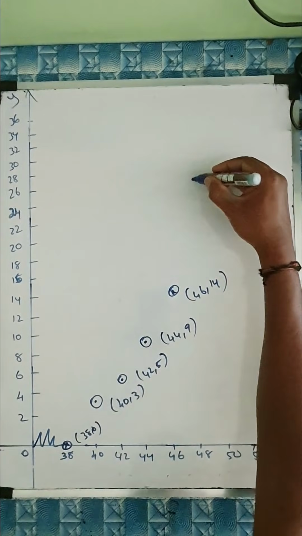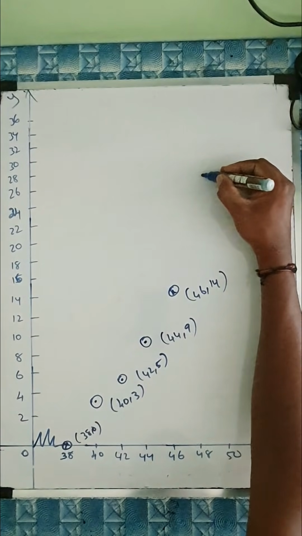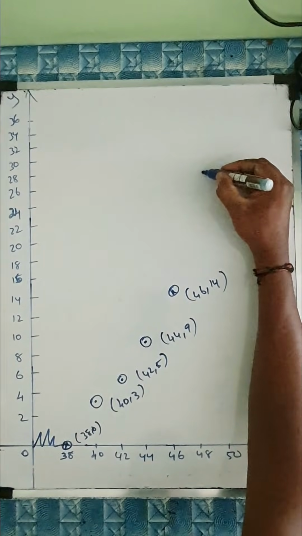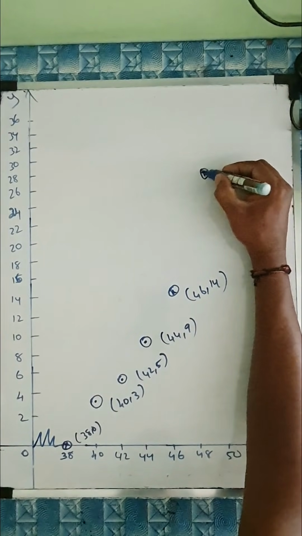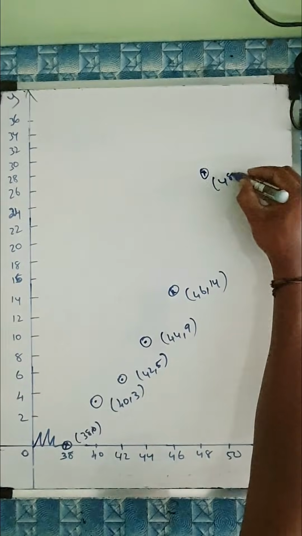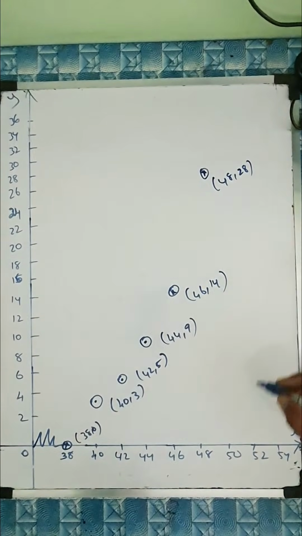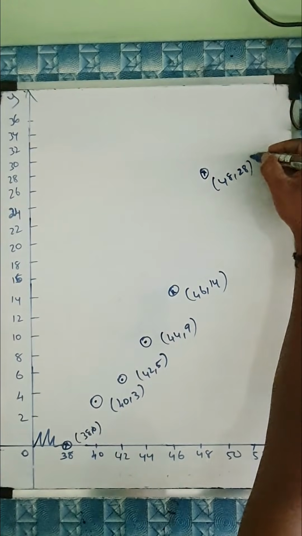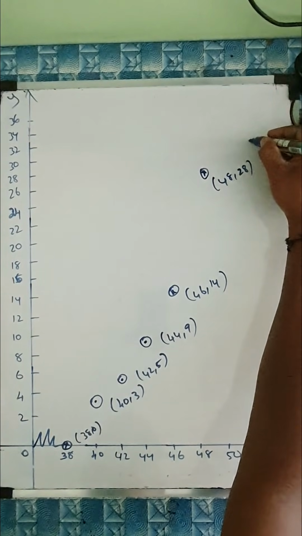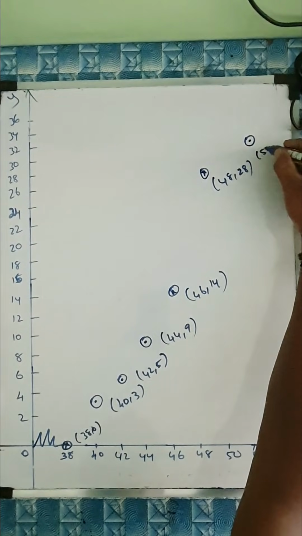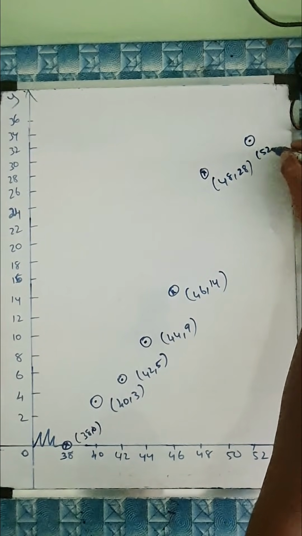For 48 you can use a scale and make it straight. In the graph you can get the straight line, so no problem. So 48 is 28, and 50 is 32, so 50 is here, that is 32.